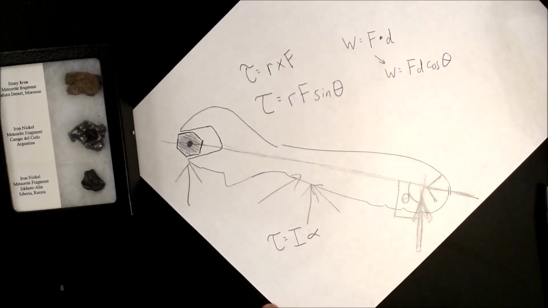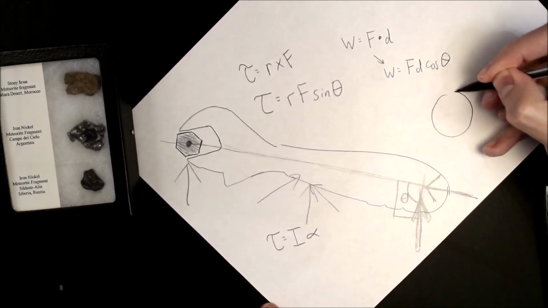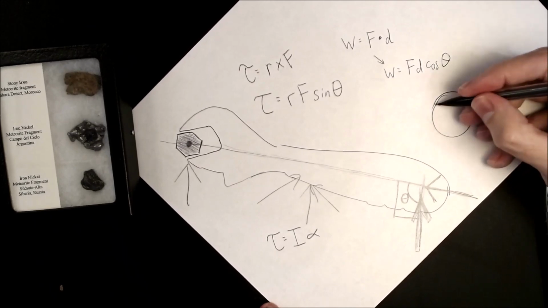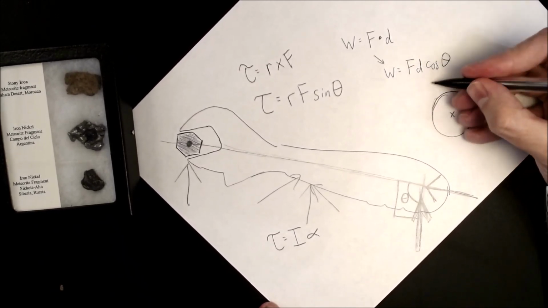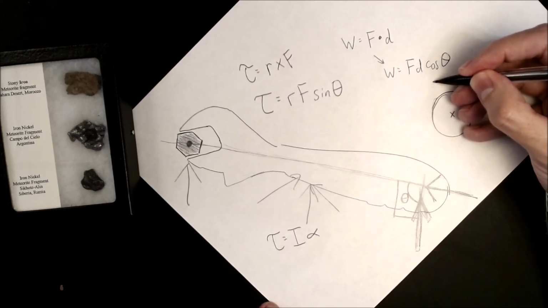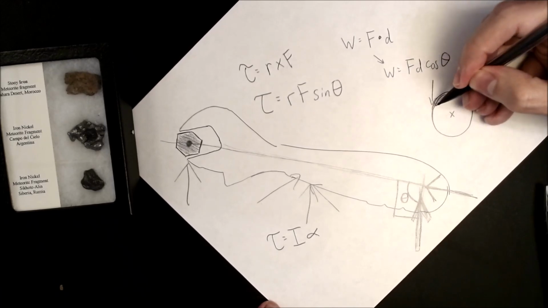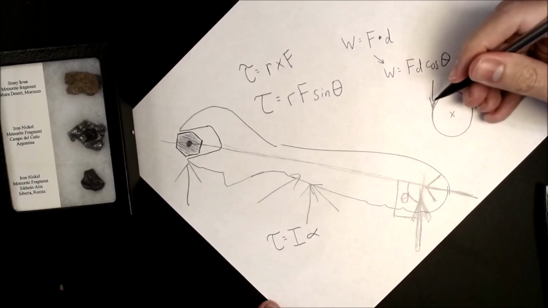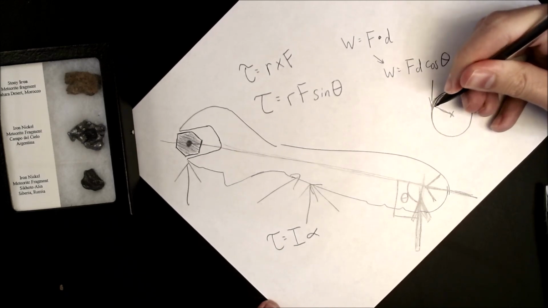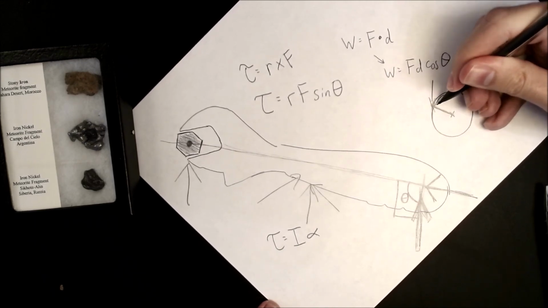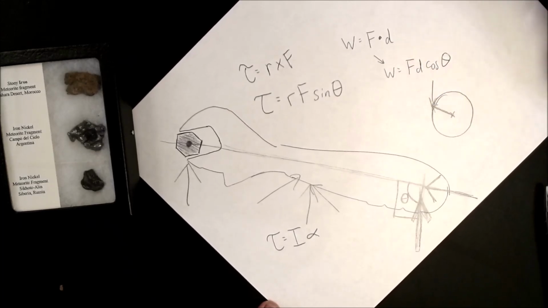This can get confusing sometimes if you've got some sort of circular object like that. And say you've got this circular object, it rotates through that point, and you are applying a force like that. Well, if you're applying it right there, it looks like the r vector is going to be here, right there, because that is the line connecting the center of rotation to where the force is being applied.